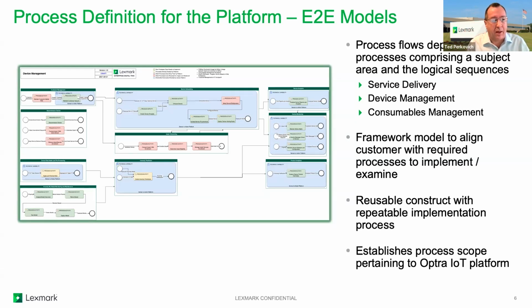They are models that depict the overall flow of business processes in one way, shape, or form, and at some level of abstraction. And we're doing it in groups, if you will, of processes to make them comprehensible and readable and consumable for not only ourselves internally, but also our clients, right?